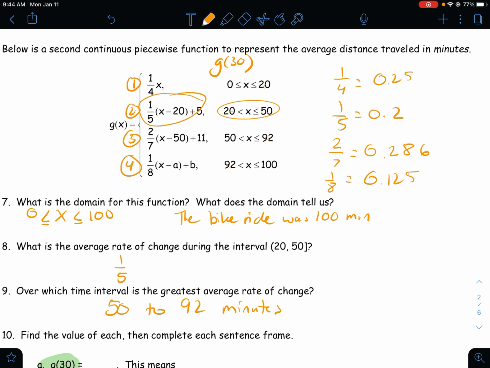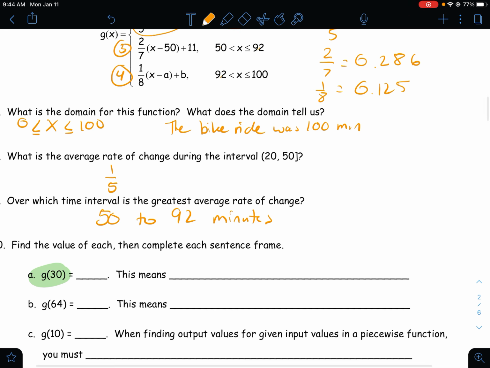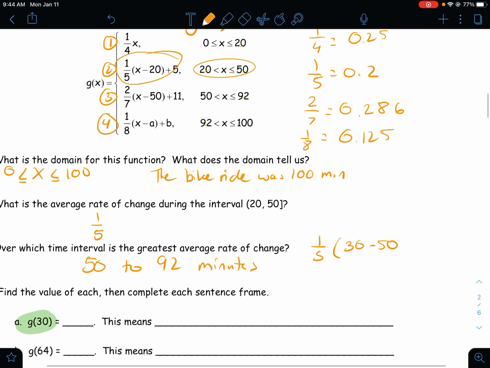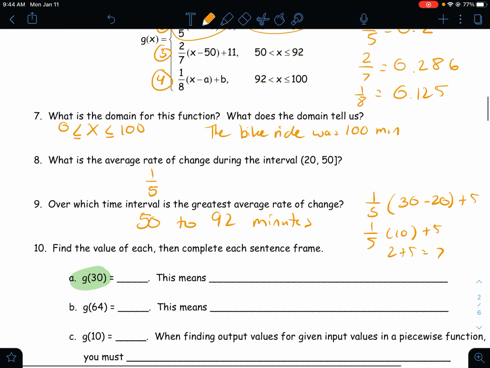All right, so I'm going to go ahead and plug that in there. So I'm going to say 1/5 times 30 minus 50. Oh, hold on. Minus 20, I'm sorry. Plus 5, which will be 1/5 times 10 plus 5, which gives us 2 plus 5, which will give us 7.